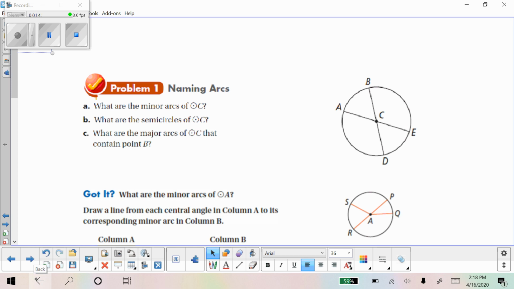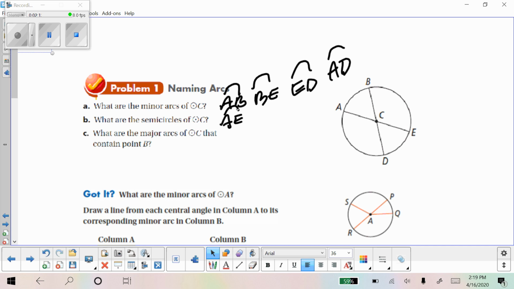So what are the minor arcs of circle C? There are quite a few of them here, but I'll just name a couple of them. AB is a minor arc. BE is a minor arc. ED is a minor arc. AD is a minor arc. Anything that is smaller than a semicircle is a minor arc. The semicircles are AE and BD.